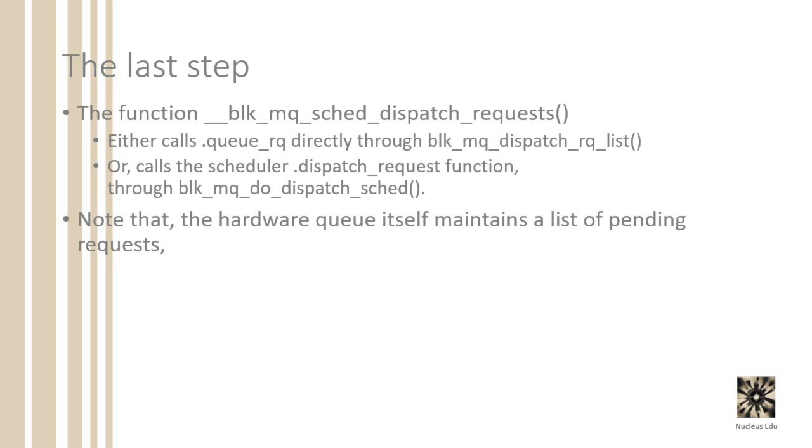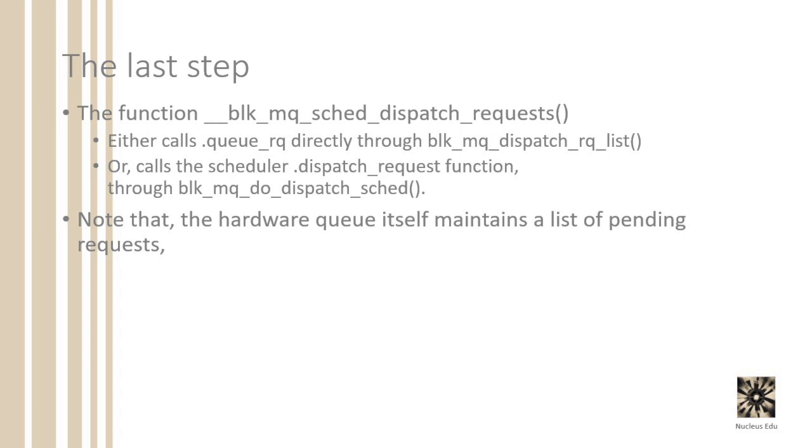So one more thing to note here is that the hardware queue itself maintains a list of pending requests, and every time the code for this is run, it first prefers the requests that are in this pending list over the requests that are in the scheduler.